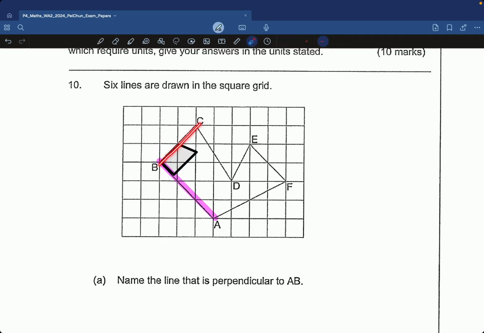So it's literally perpendicular. Another way is to actually see that if the line cuts through the middle of the square. So you see this square is in the middle, this square is only in the middle. So the answer over here is B, C.